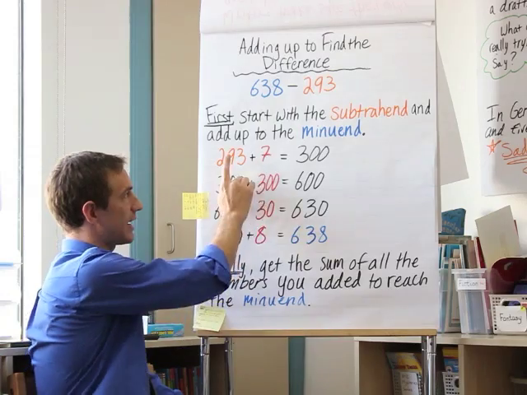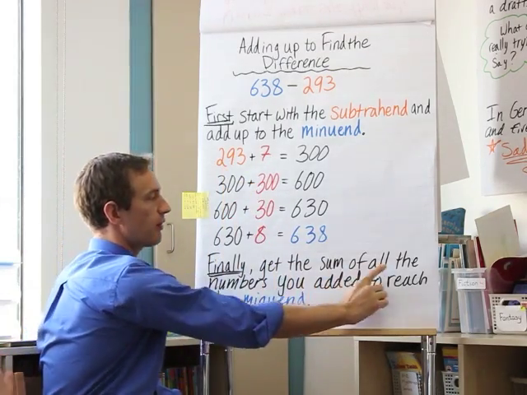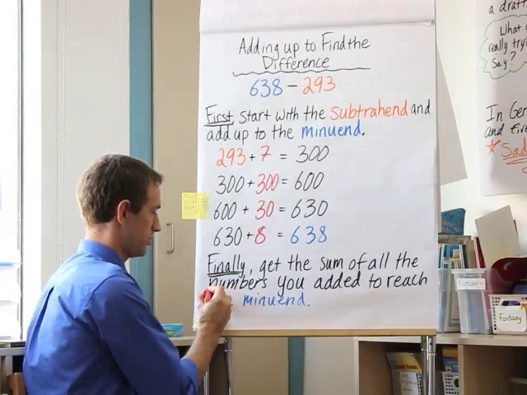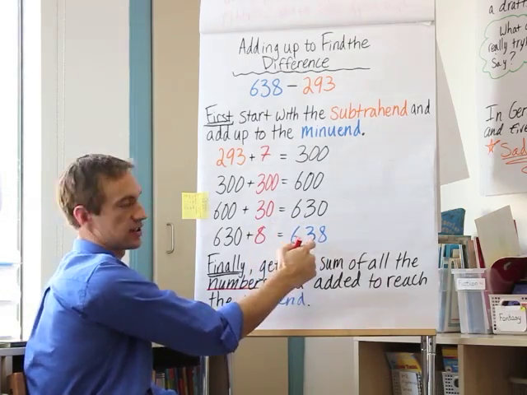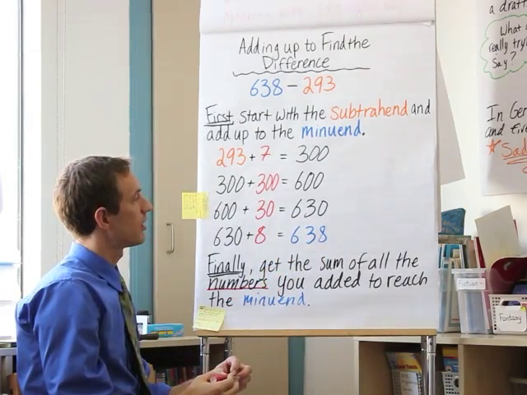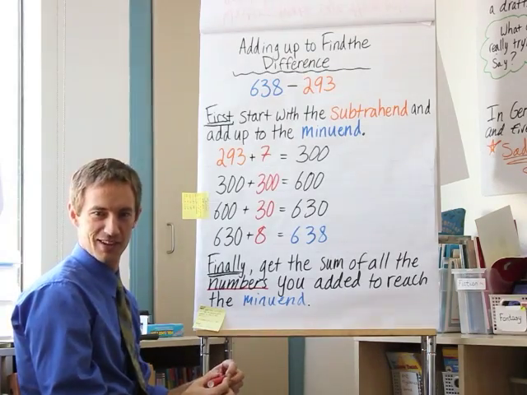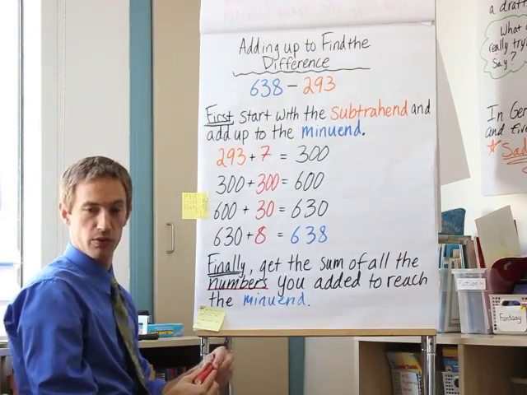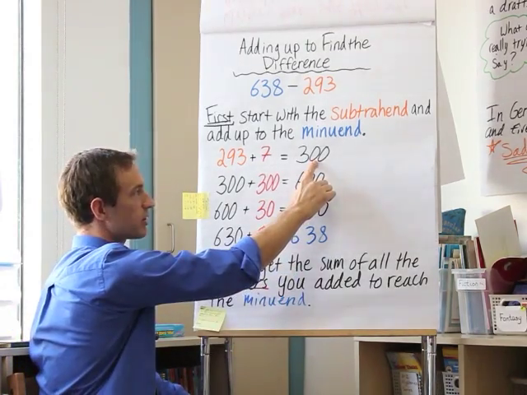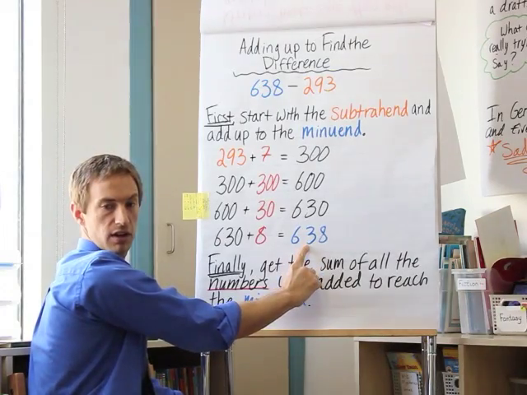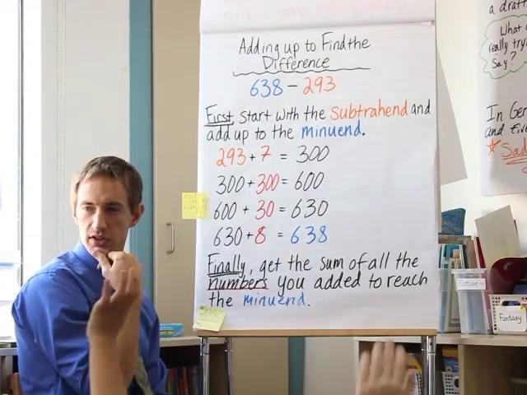What did I add? Get the sum of all the numbers. I'll put this in red. You added to reach this number. 630. Did I add these numbers to get there? No. Let's try something else.